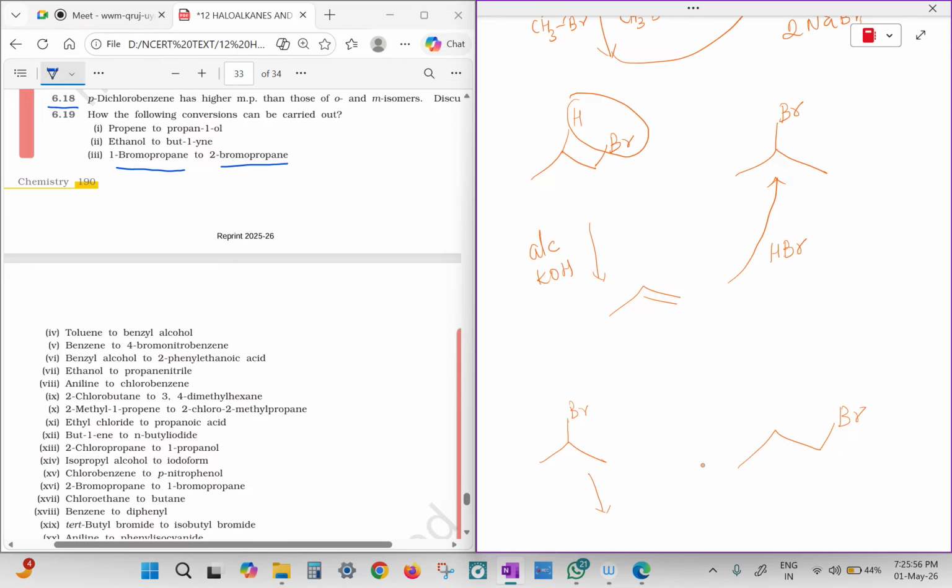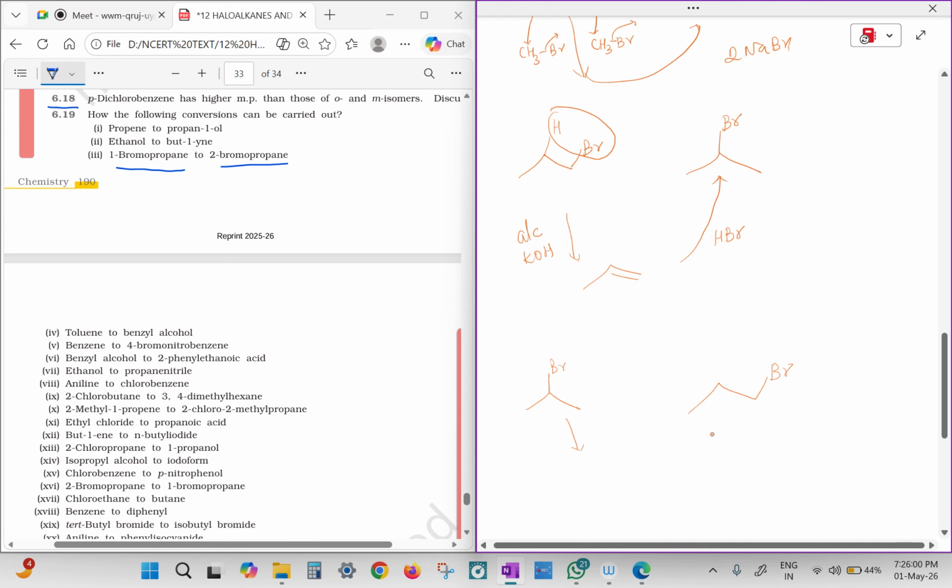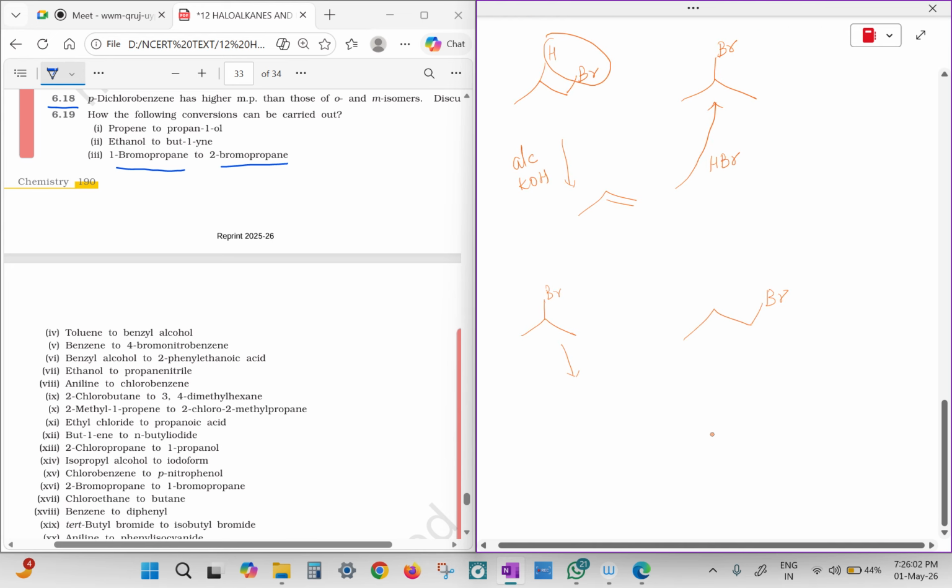The idea is in front of you. First you remove that, so alcoholic KOH gives propene. Then what? HBr with peroxide. With an anti-Markovnikov addition. Peroxide.